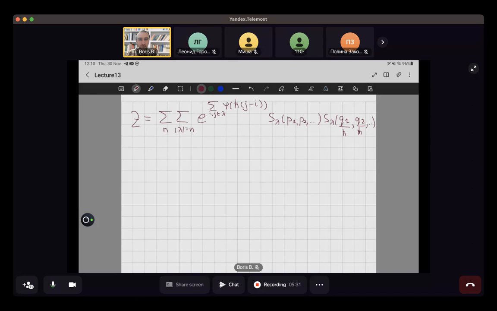But if you are interested, there is a nice and very beautiful theory, a book due to Miwa, Jimbo, and Date, where this theory is properly introduced and developed.